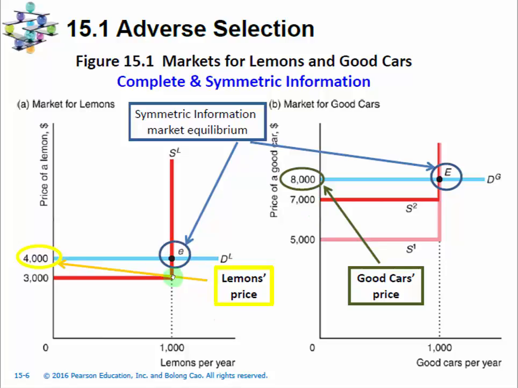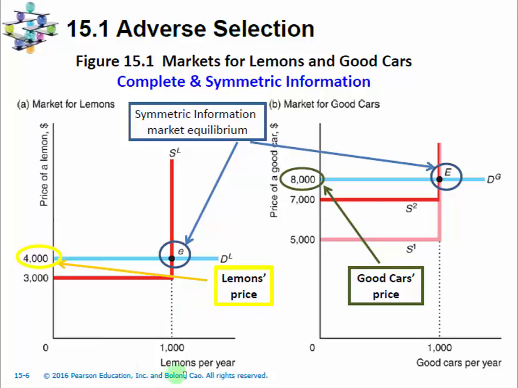Because the available used cars in each category are just 1,000, once the quantity demanded goes beyond 1,000, the supply curve becomes vertical. There are no more cars above 1,000 to be sold in each category.